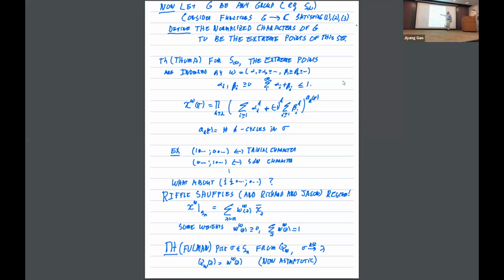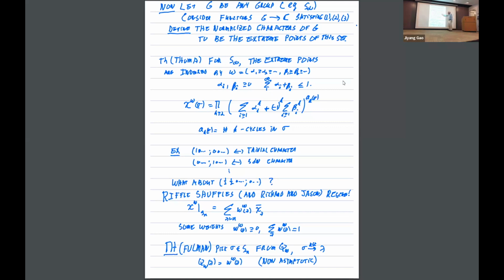That is, sigma has k cycles. You raise alpha i to the k power and sum that over i, raise beta i to the k power and take the difference. And so that's a nice formula. It's a formula for the characters of S infinity, and there is an approximation theory saying it usefully approximates the characters of Sn, because after all, S infinity is the limit of Sn.